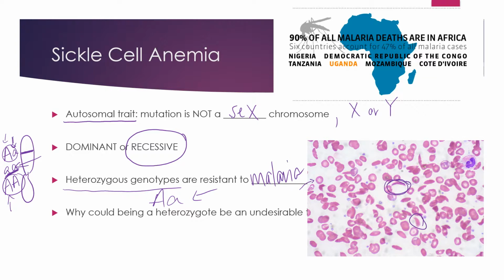So why would being a heterozygote be an undesirable trait? If you're a heterozygote for sickle cell anemia, you're resistant to malaria, which is fantastic, especially if you live in Africa where malaria is present. About 90% of all malaria-related deaths are in Africa.